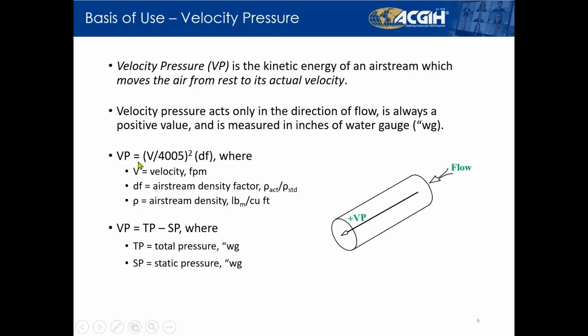So velocity pressure for any given velocity will always vary with the change in airstream density. Within a system, velocity pressure is recognized as the system total pressure minus the system static pressure, where each of these values are also in inches of water gauge.